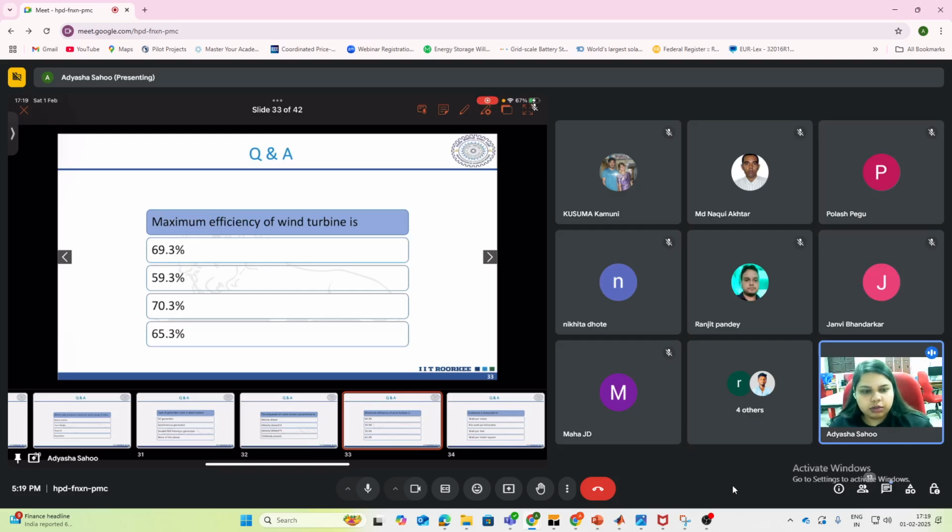Yes, actually, that is the Betz limit that we say that the efficiency of wind turbine cannot increase beyond 59.3%.